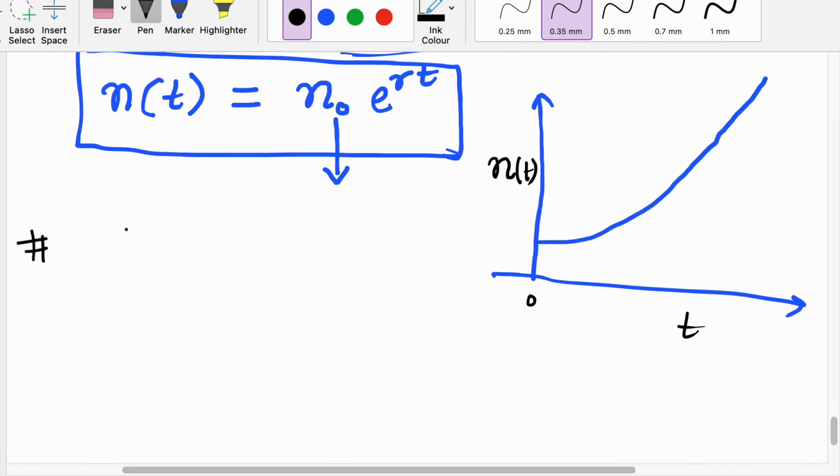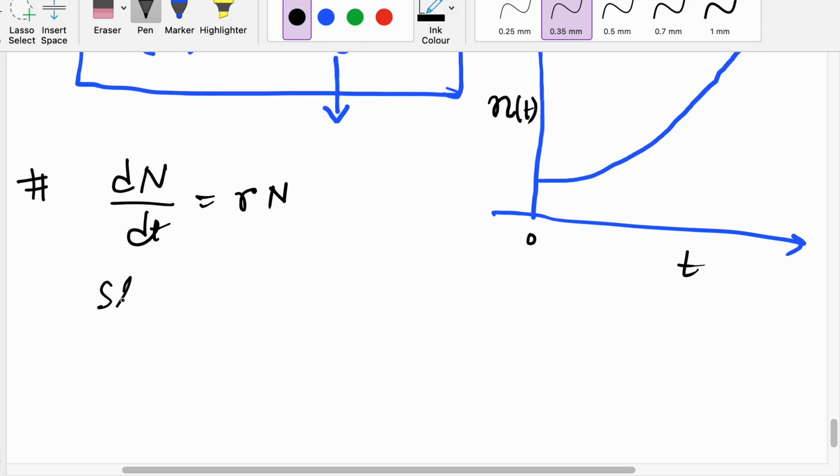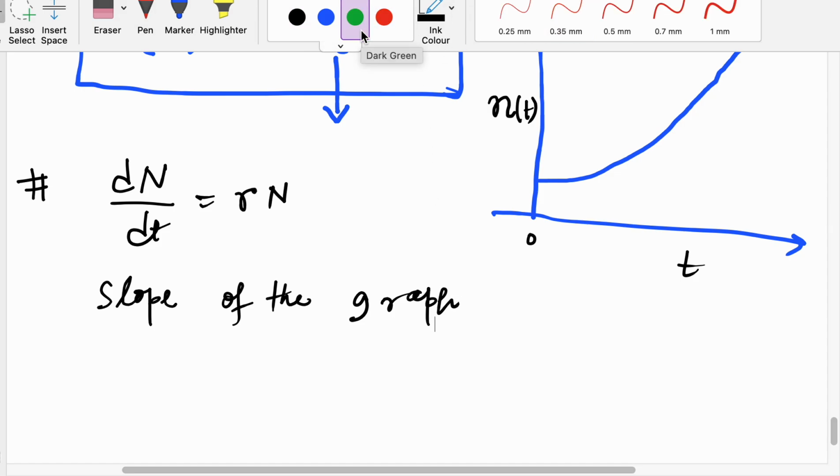From the equation, we know that dN/dt equals rN. Does this graph show this property or not? To see that, we have to calculate the slope of this graph. Let me recall what this means from our mathematical class.